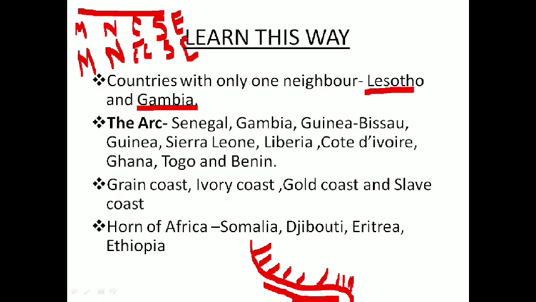It also begins with E. I may not remember what the country below is, but if you remember Mauritania, Niger, Chad, Sudan and Eritrea, then you are certain that towards the south of Mauritania is a country which starts with the same letter.